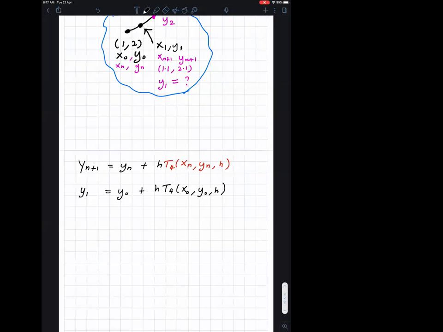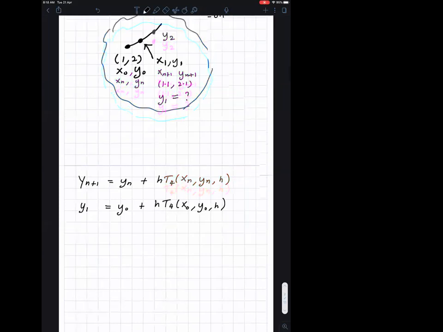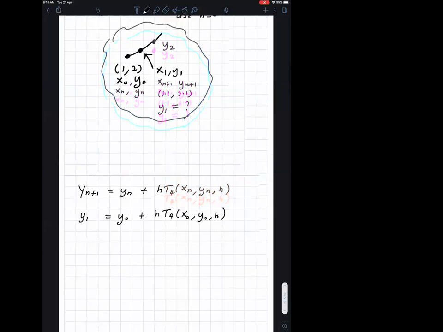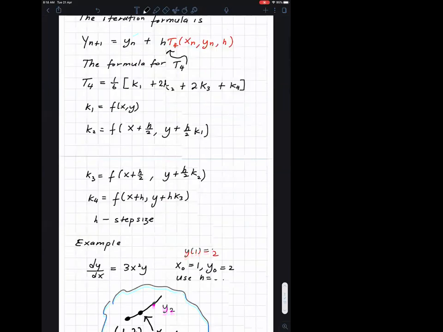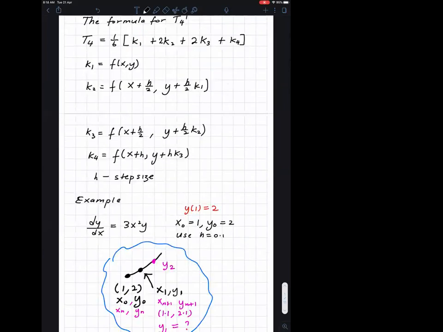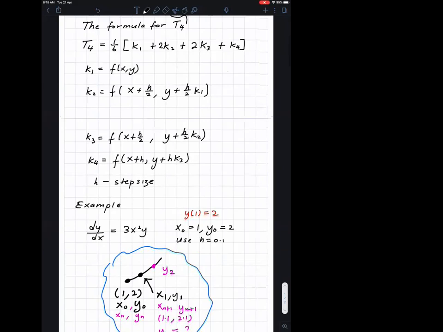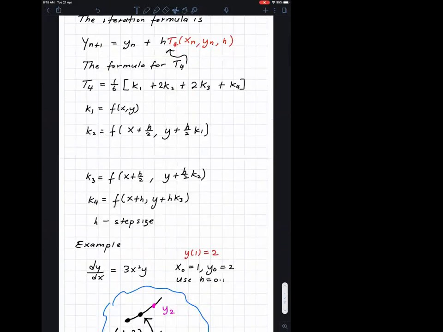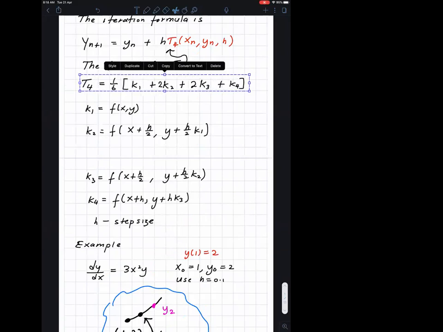The rest is we just have to plug in the numbers. Now we go back to this formula to find y1. And then we know from here your T4 is given by this equation.